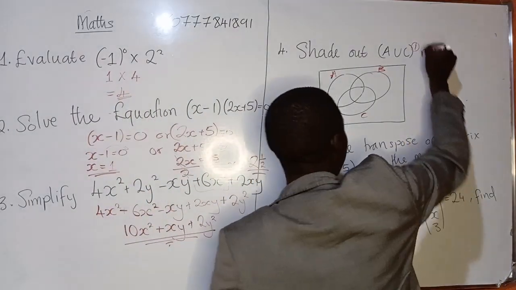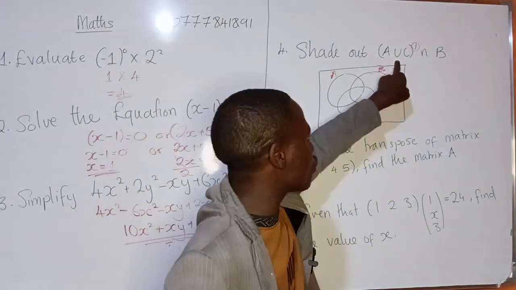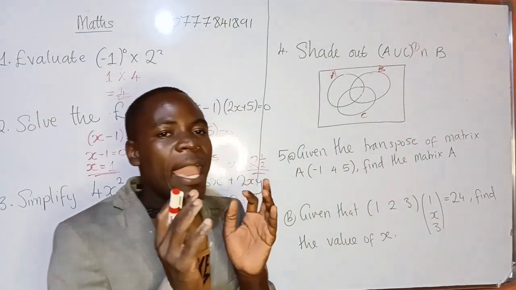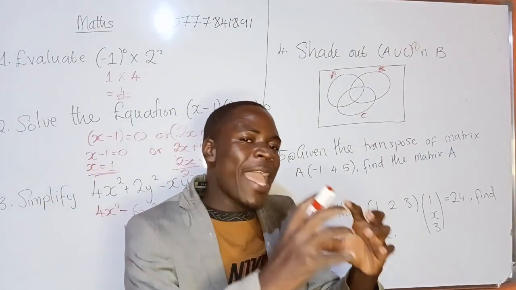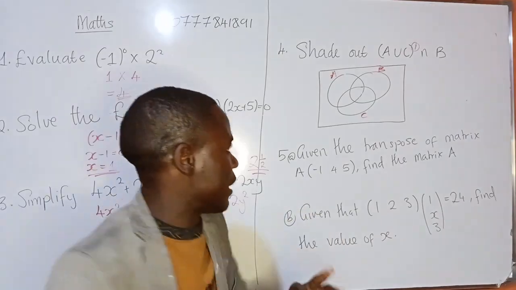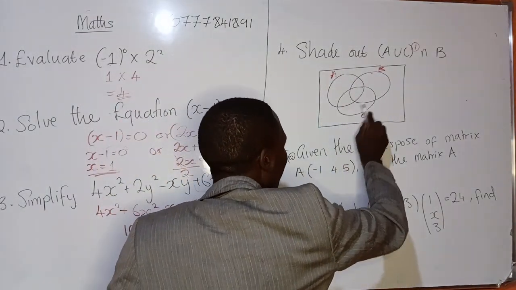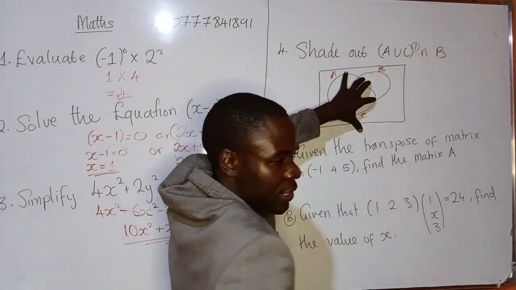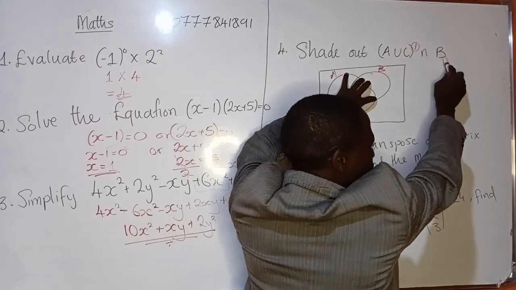According to the complement, treat it first. Here they say A union C, meaning the whole set of A and C, remove it. So we remove the two sets of A and C like this. Then we shade the intersection with B.